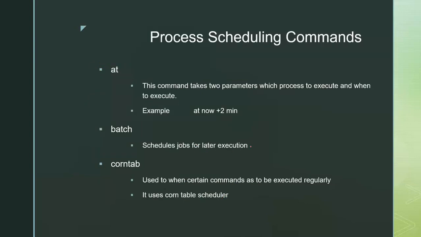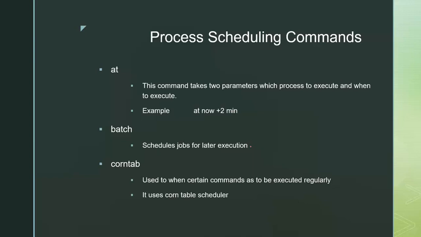Next, process scheduling commands. What are the different types of process scheduling? As I told you, process scheduling is, if you have a set of processes that have to be executed, which process has to be executed at which time and when the CPU is allotted to the process, all those things will be taken care of by your scheduler.